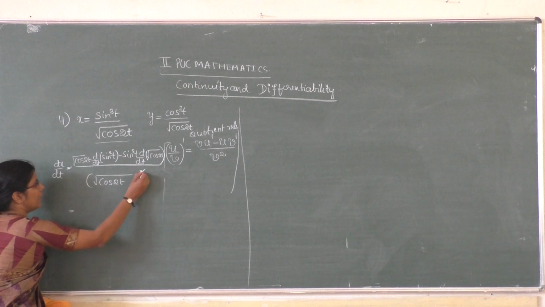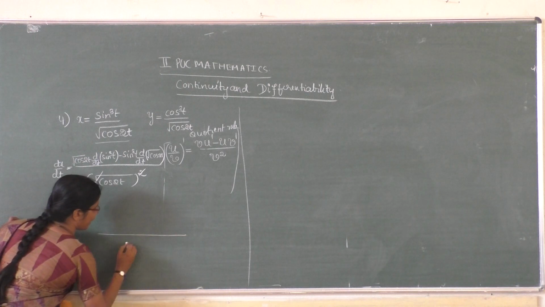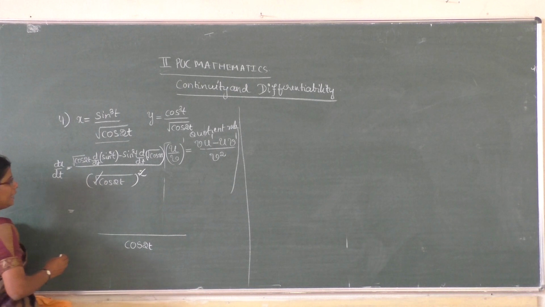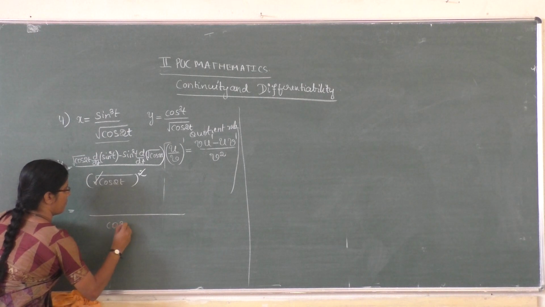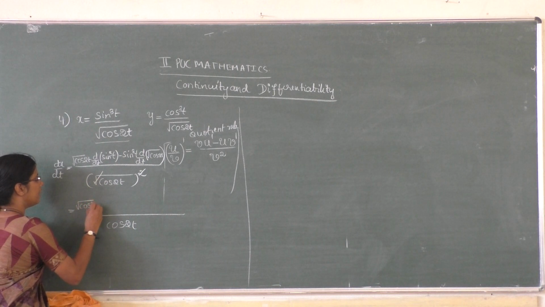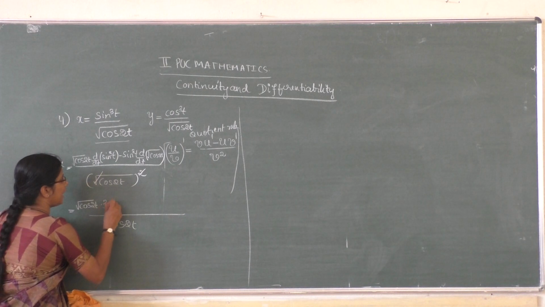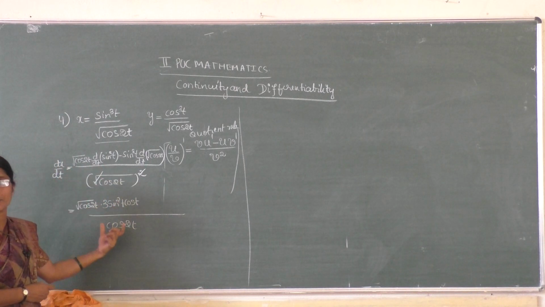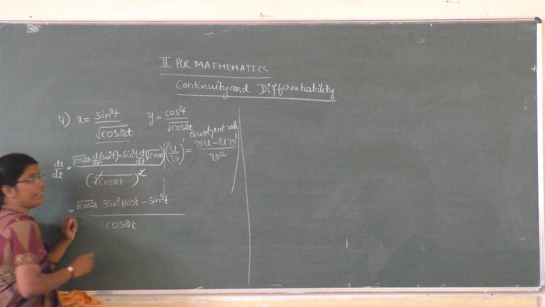Now here the denominator square root and square cancel, so you are getting cos 2t. Then here in the numerator root cos 2t into derivative of sine cube t, that is 3 sine square t into cos t. Okay, 3 sine square t into cos t minus sine cube t as it is, derivative of root.